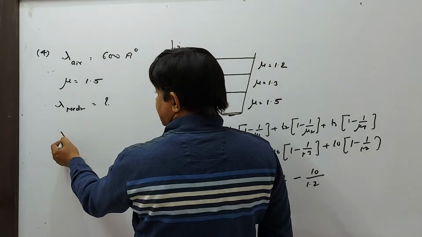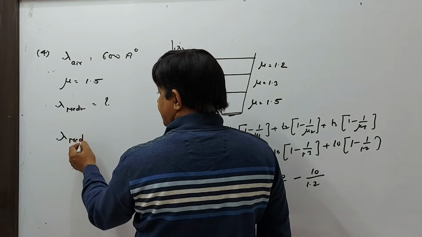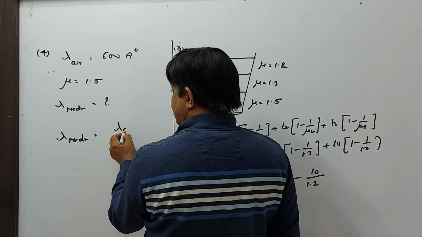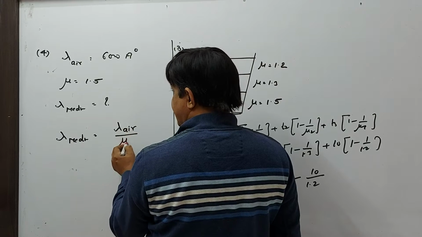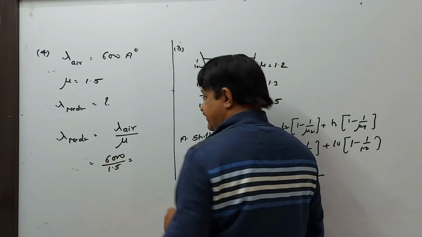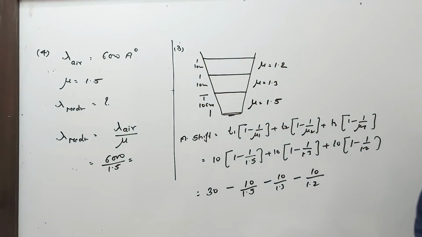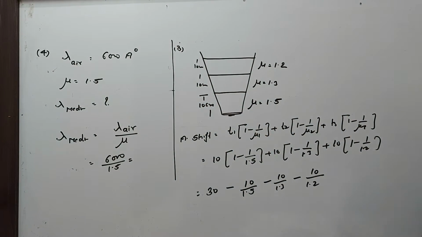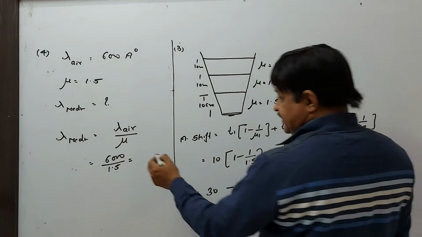So हमेशा याद रखें that wavelength in medium must be equal to wavelength in air upon refractive index. 6000 upon 1.5, it's coming out to be 4000 angstrom.